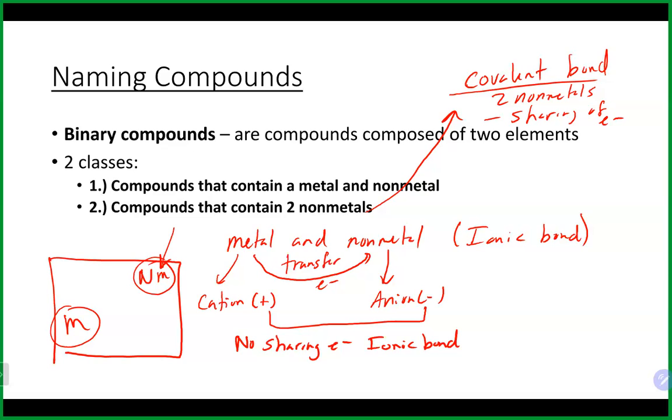And that's where we get the sharing of electrons. And as we'll talk about, the sharing could be equal sharing or it could be unequal sharing. And that results in what is referred to as a nonpolar bond when it's equal, or a polar bond when it is unequal sharing of electrons. But in a covalent bond with two nonmetals, there's some aspect of sharing of electrons that is happening.